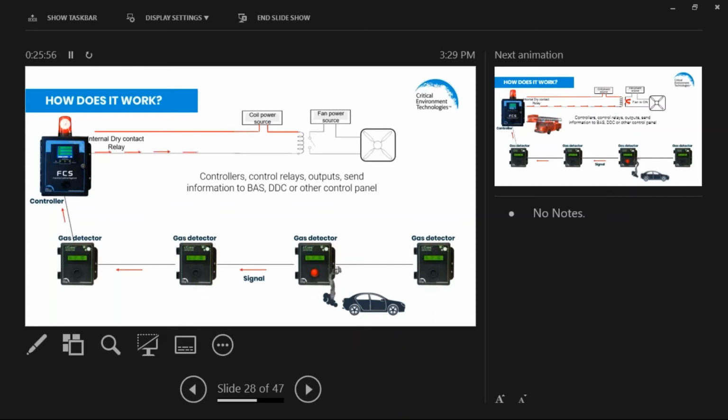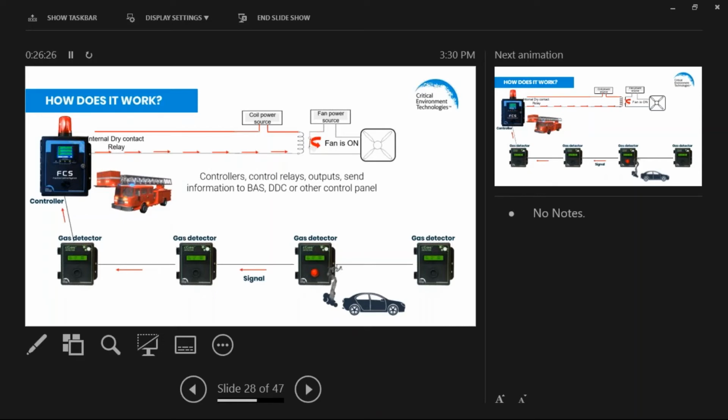And the relay outputs, or a 4 to 20 milliamp signal or 0 to 10 volt signal connected to the ventilation system, now activate the ventilation. And the ventilation will run until that concentration drops below the set point of 25 ppm, or whatever the set point for that particular target gas was.